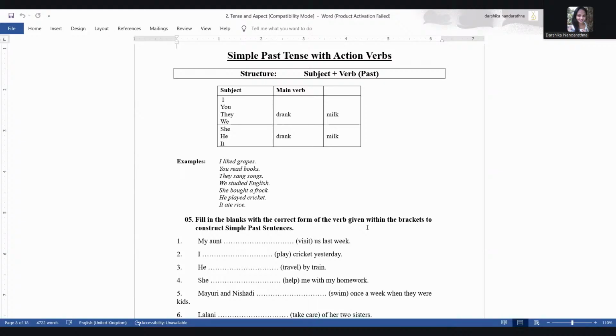She bought a frog. Buy, bought. He played a cricket. Play, played. It ate rice. Eat, ate. So, whatever the subject it is, the main verb is there in its past form. That is how we construct simple past tense sentences with action verbs.